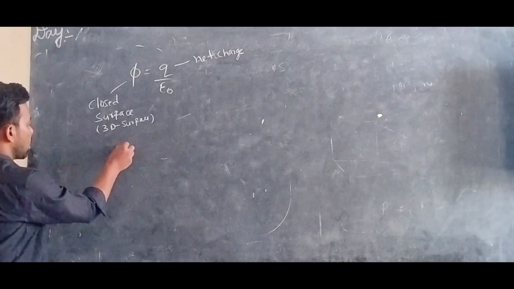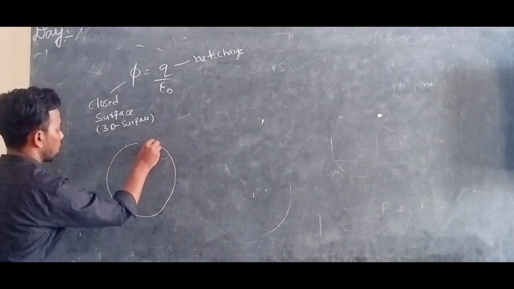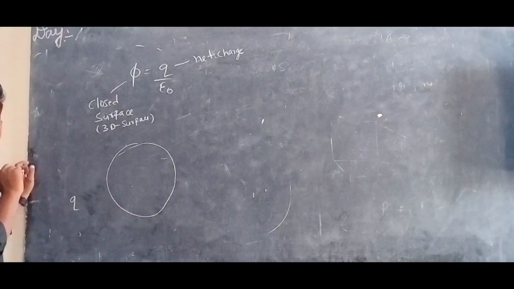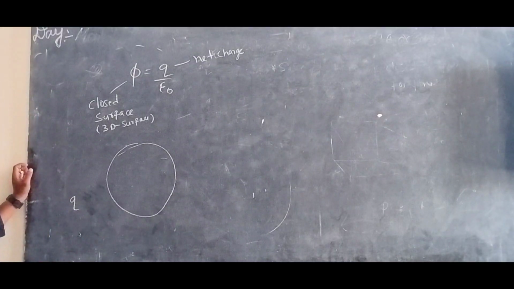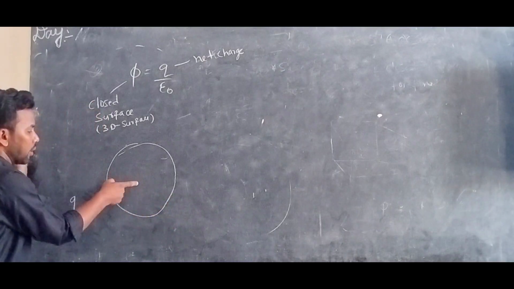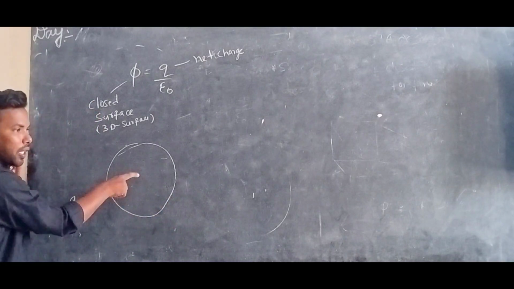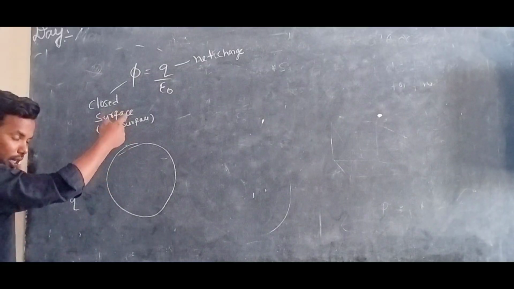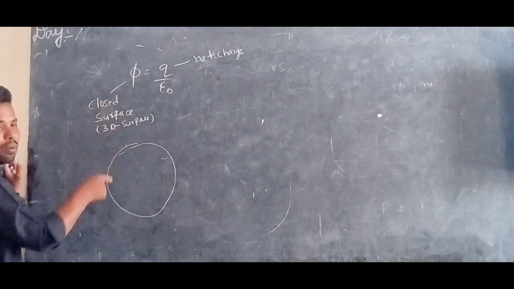Now let us take one surface here. I'm placing a charge here. What is the flux here? If you place it inside the solid sphere, the electric flux is Q by epsilon naught.